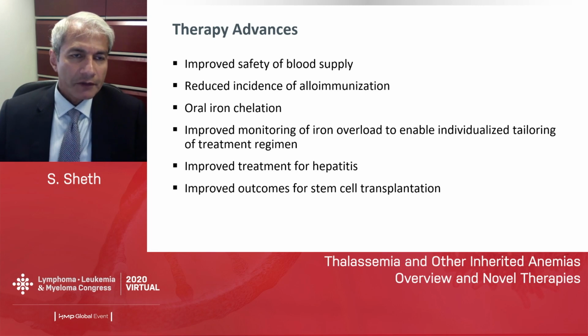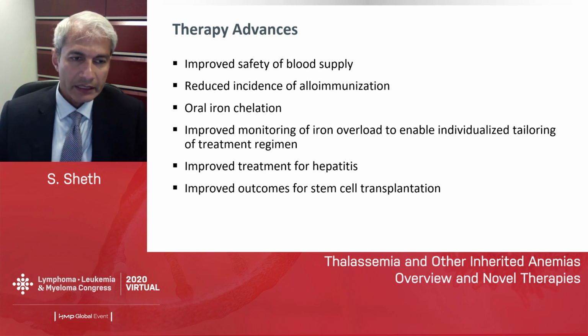We've made a lot of advances in therapy over the last 2 or 3 decades. The safety of the blood supply has increased tremendously, and the risk of transmitting diseases like HIV and hepatitis has gone down very significantly to almost zero. There is a reduction in the incidence of alloimmunization as a result of better phenotyping of the blood that we give these individuals.